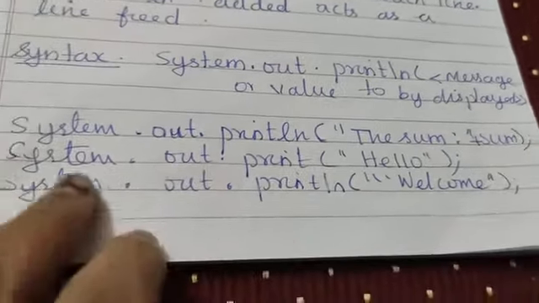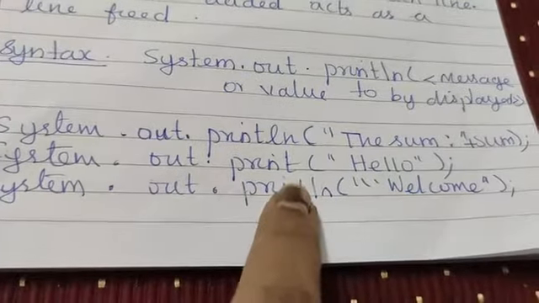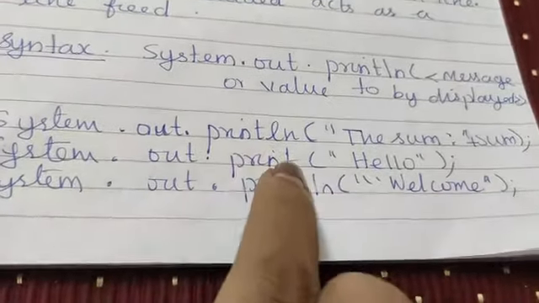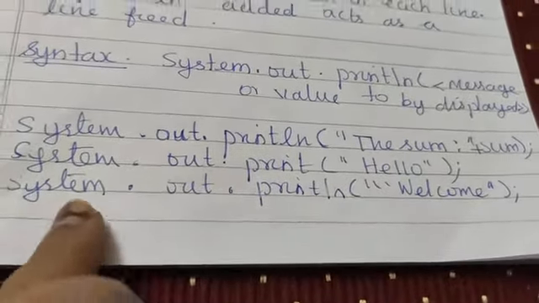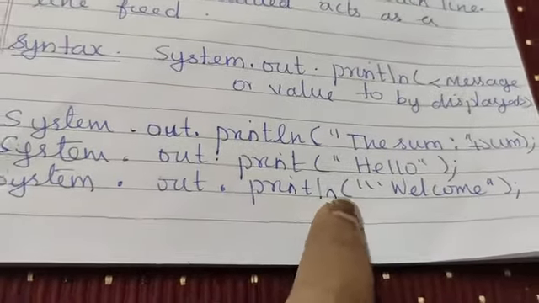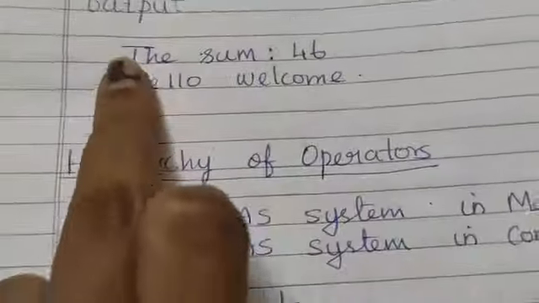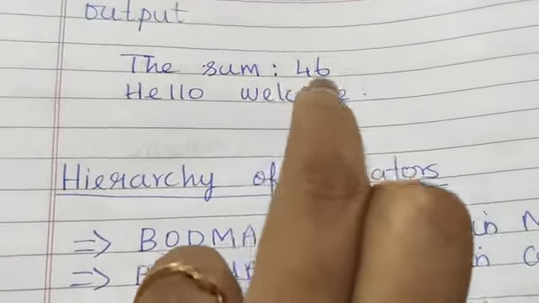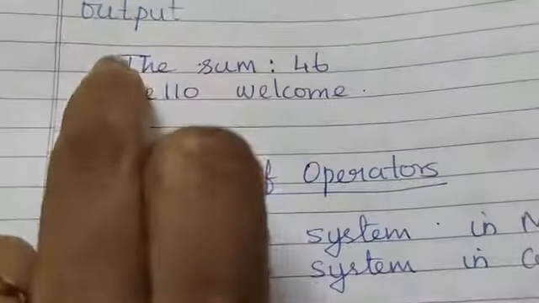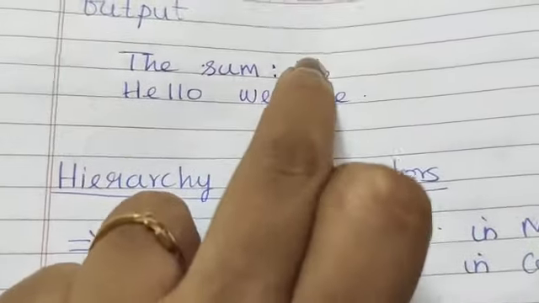After that, I am giving System.out.print in the next line, instead of ln, just print hello, and then System.out.println welcome. So what will be the output? See, the sum value will be there as I gave in this System.out.println.